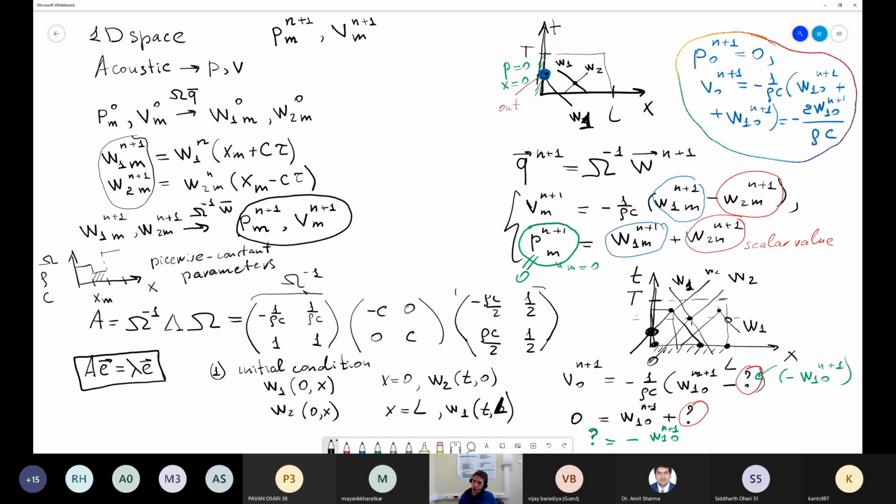If we want to pose some other boundary condition, for example, a fixed boundary glued to our external very large medium, we can pose, for example, at this point the velocity at the next time moment at the point n minus 1 is equal to 0, and from this equation we will again obtain the relation between the value of the second invariant W2 and the first invariant W1.